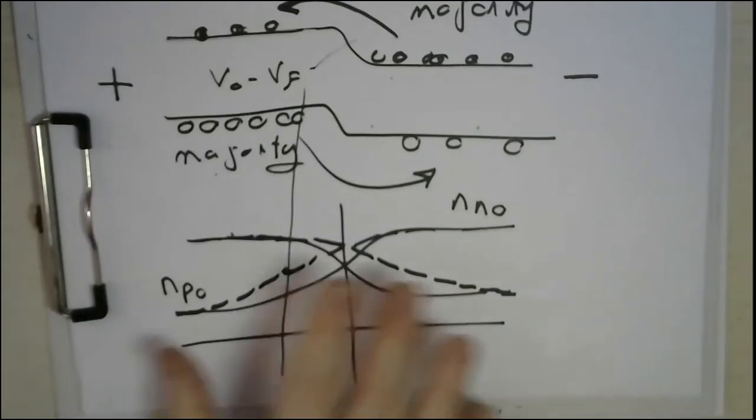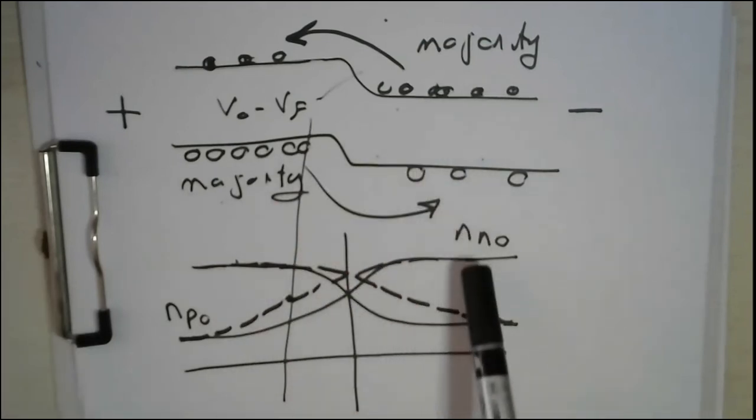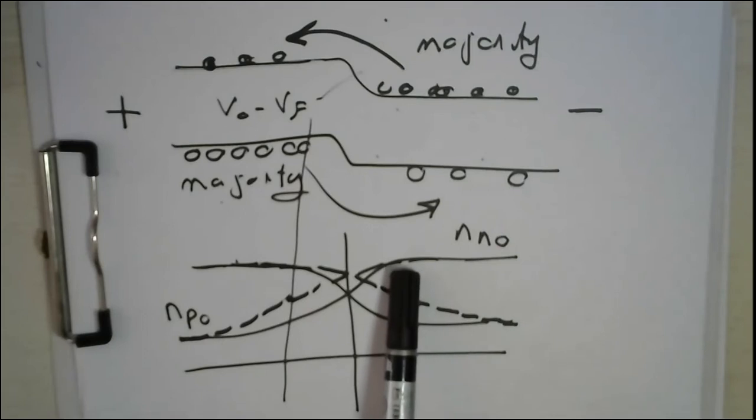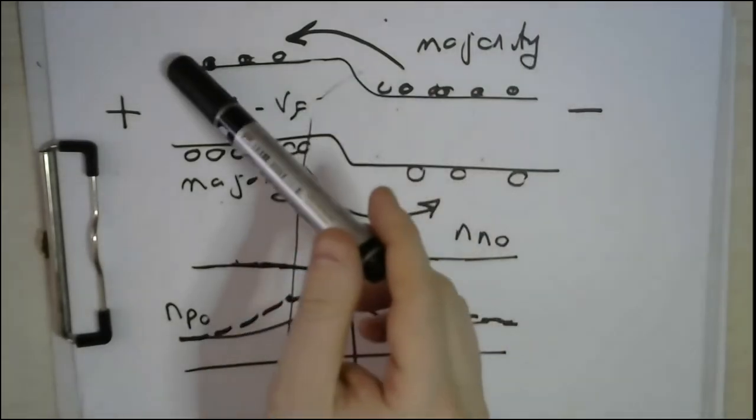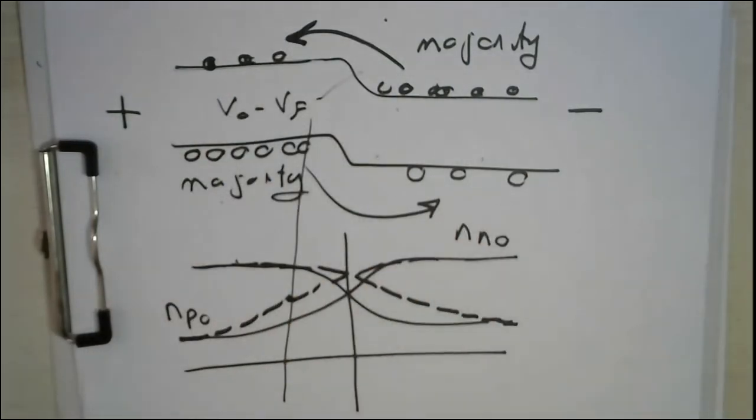Of course, as you increase VF more and more, this dotted curve will go upward more and more because you are pushing more electrons from right to left and more holes from left to right. This is the case where we have the majority and minority concentration due to the forward bias. So let's go to the second one, which is when you have a reverse bias applied to your p-n junction.